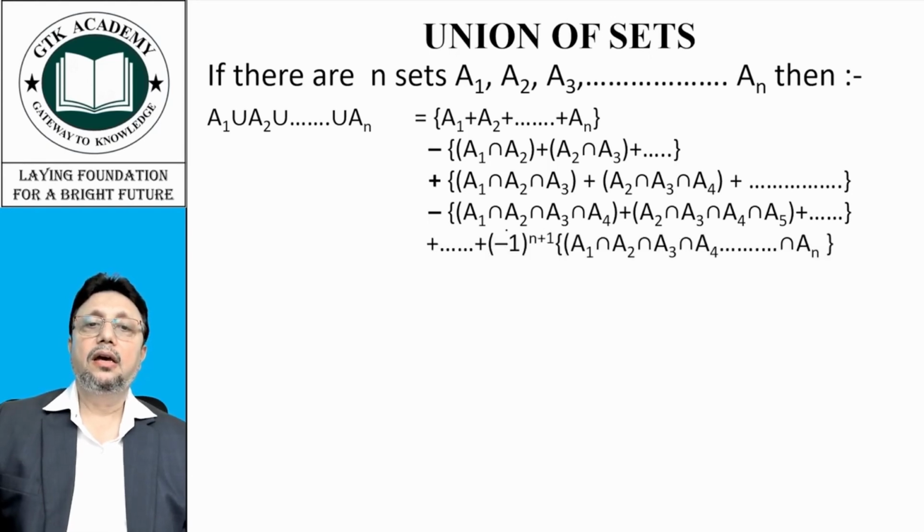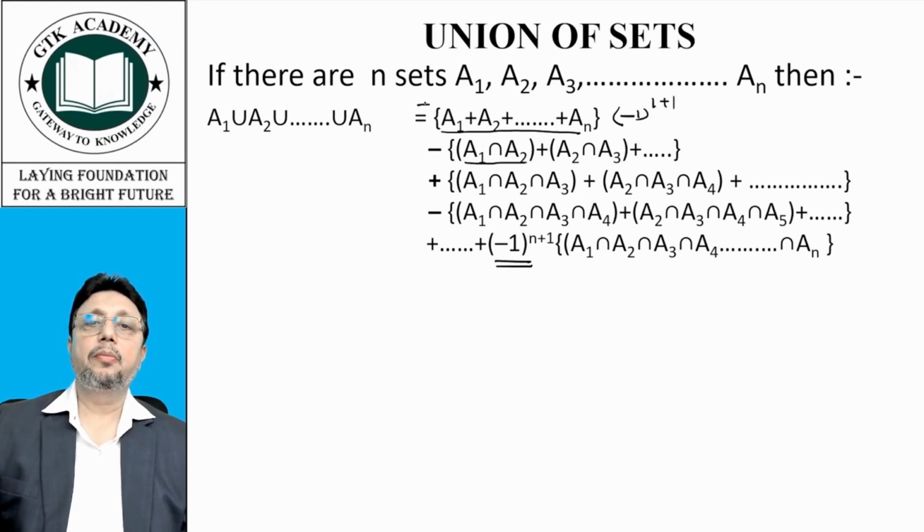Similarly, minus 1 raised to the power n plus 1. Why? Here we are taking one set at a time. That means minus 1 raised to the power 1 plus 1.